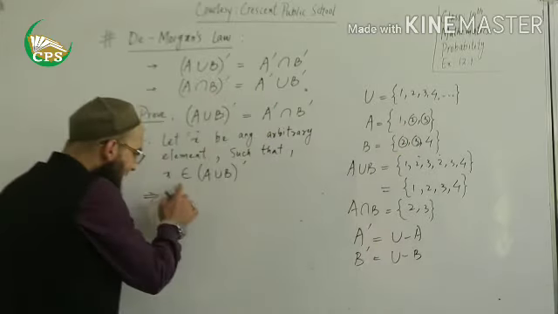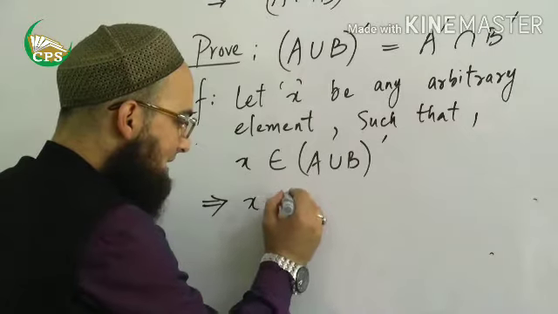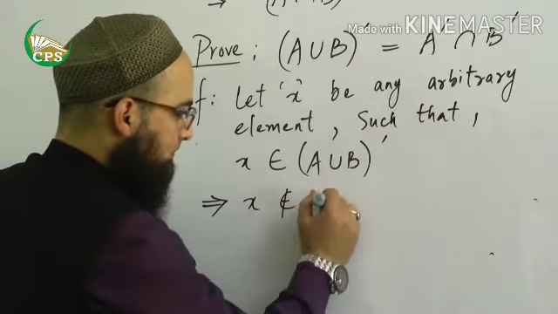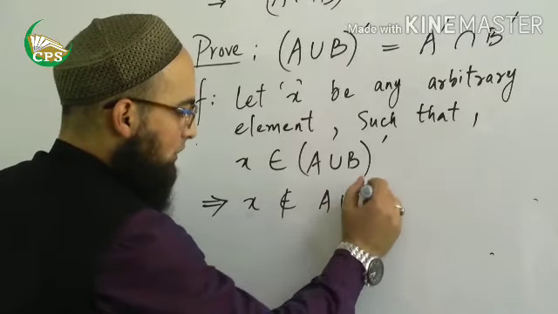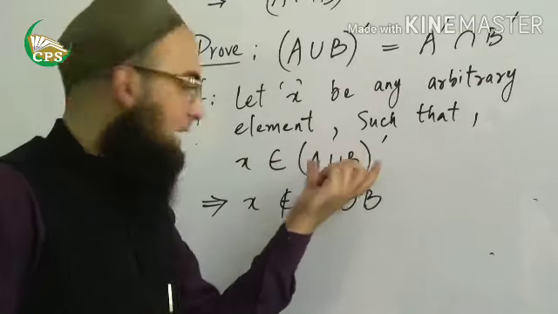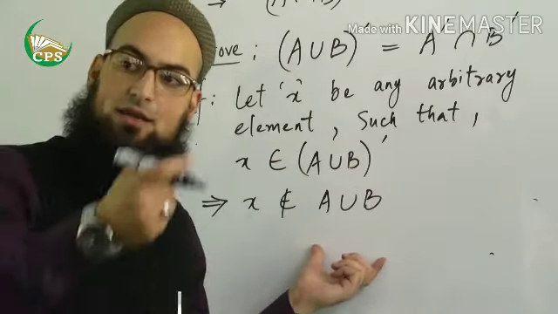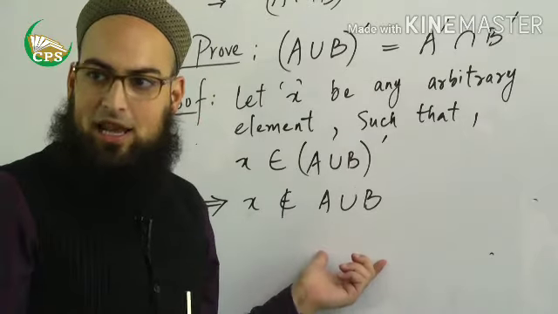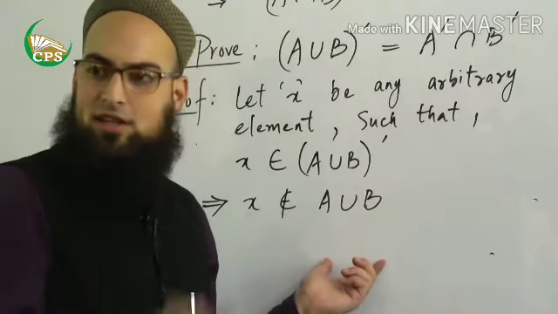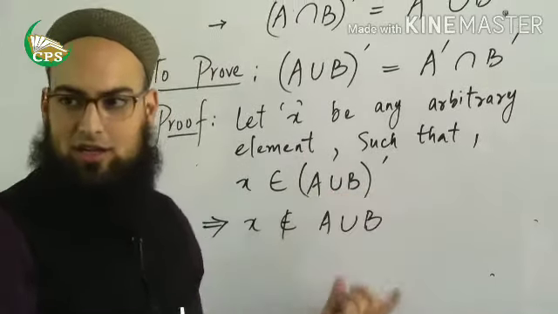So if X belongs to (A union B) whole complement, X does not belong to A union B. If it is in A complement, it's not in A. If it is in B complement, it's not in B. If it is in C complement, it's not in C. So on and so forth. If it is in (A union B) complement, it's not in A union B.